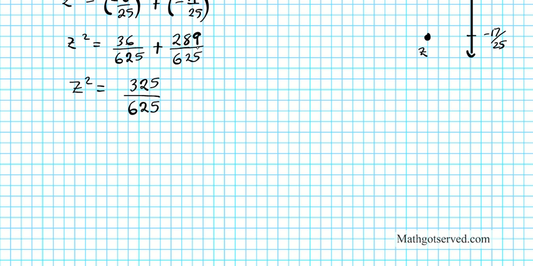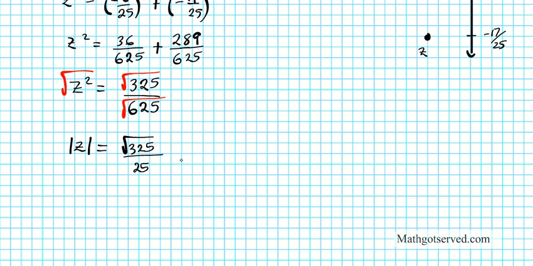To get z by itself, we take the square root of both sides. So you root the top, and root the bottom. After doing that, you're going to have the absolute value of z, or the norm of z, equals the square root of 325 over, when we square 25, we got 625. So when we root 625, we end up with 25.